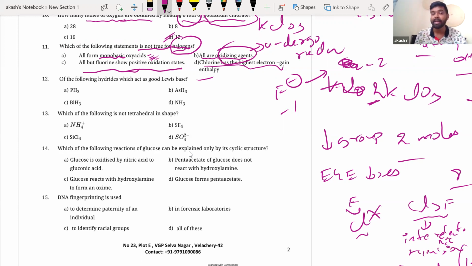Fluorine is already very small. So if I try to add an electron to fluorine, that will repel the incoming electron because of its very small size or high charge density. So it is a little tough to add an electron to fluorine compared to chlorine. So that is why chlorine has the highest electron gain enthalpy. So all the things are correct, right?